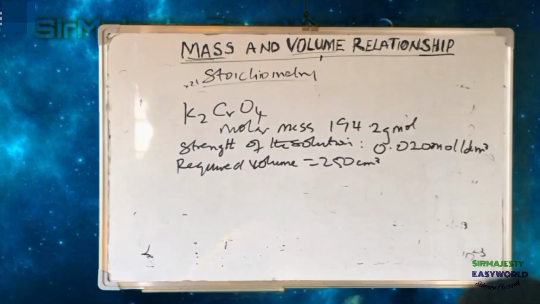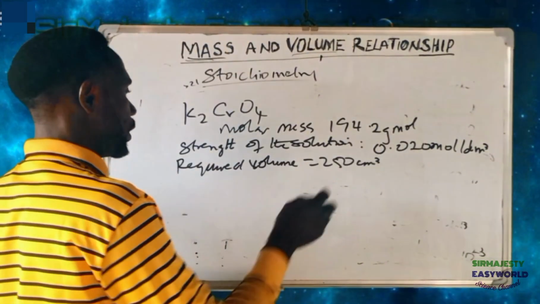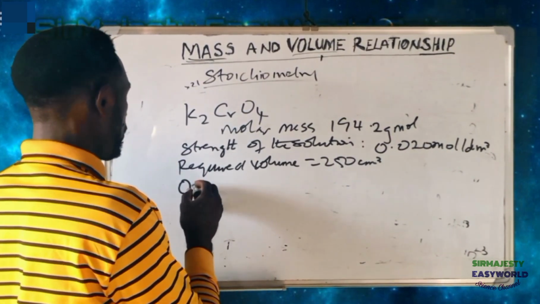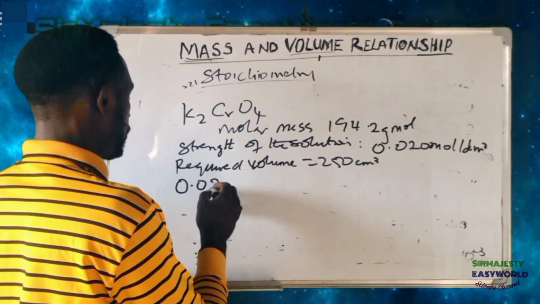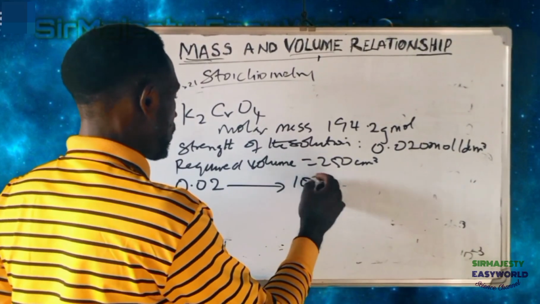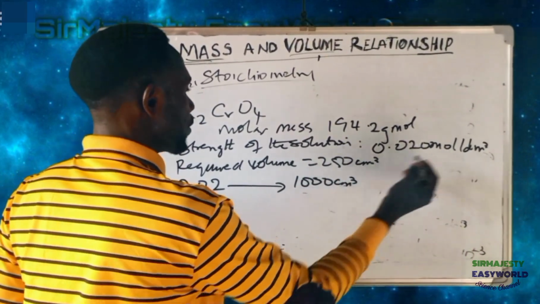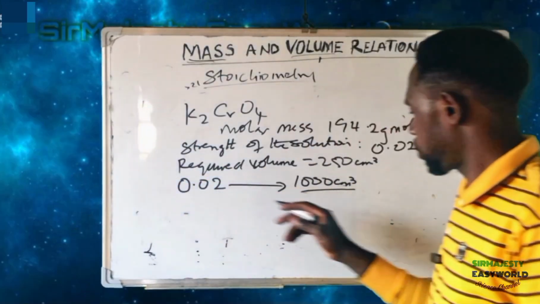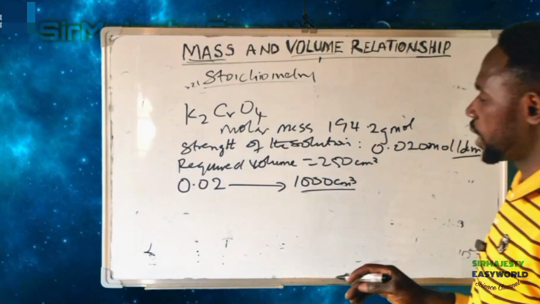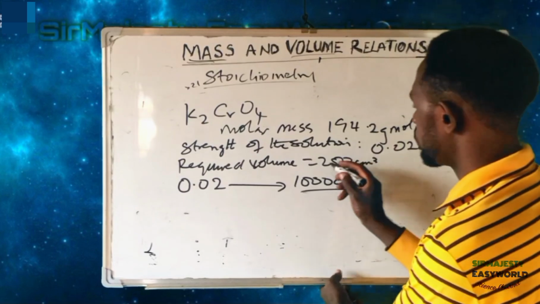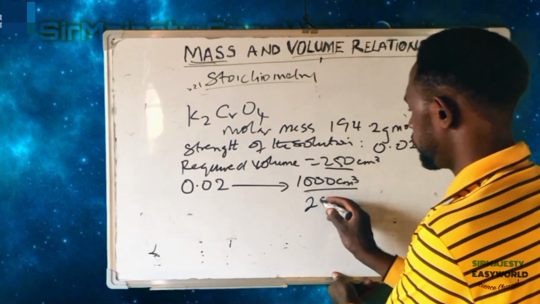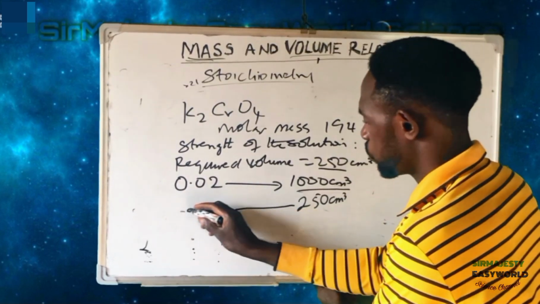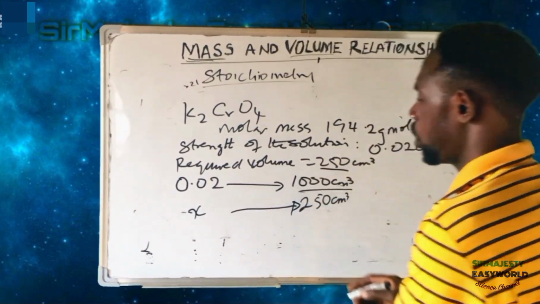So first of all, we are going to find the strength required. 0.02 was found in 1000 cm cube, because 1 dm cube is equal to 1000 cm cube. 0.02 is in 1000, but we are looking for the one that will be in 250 cm cube.